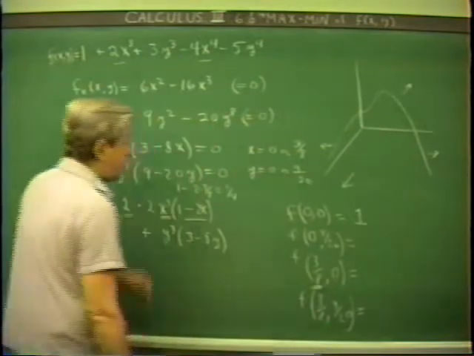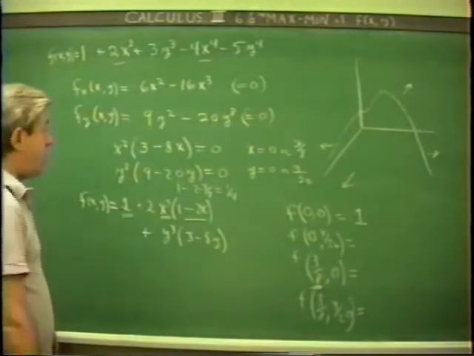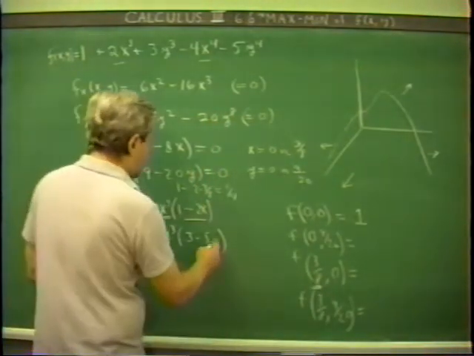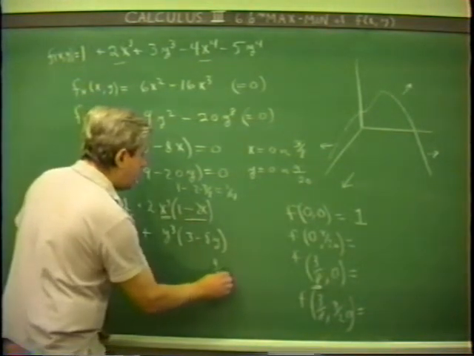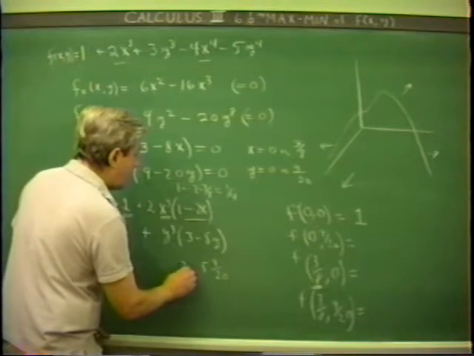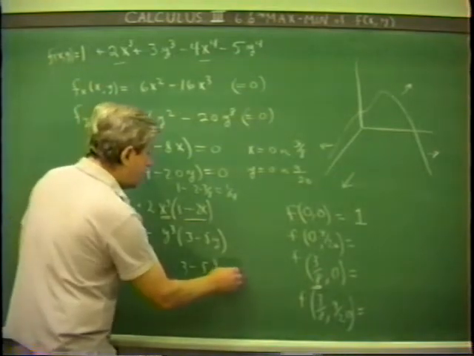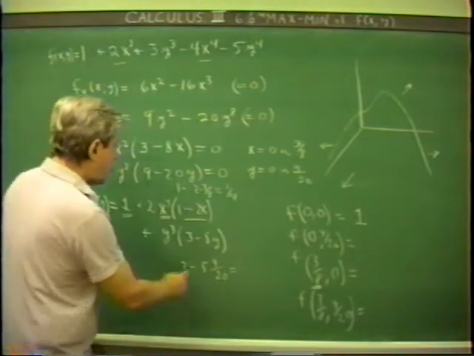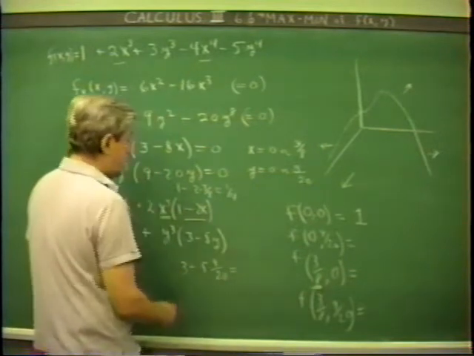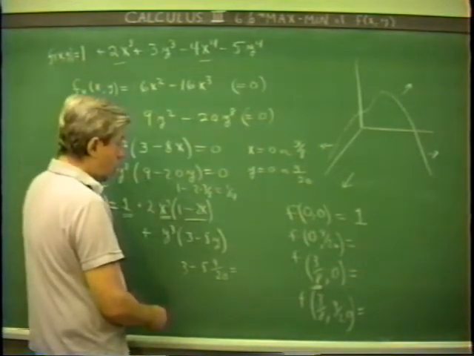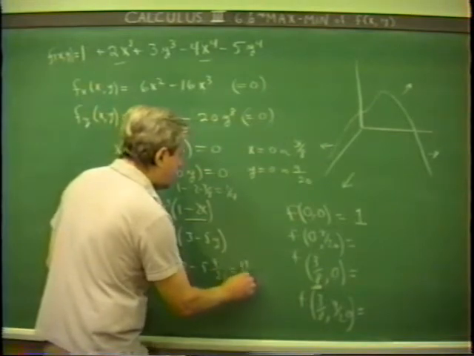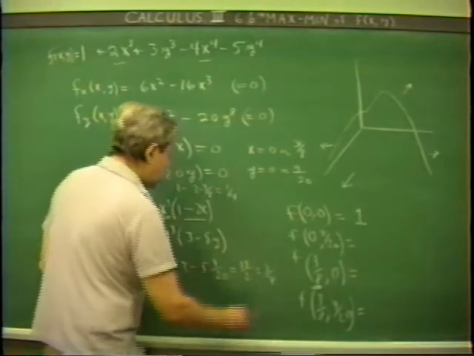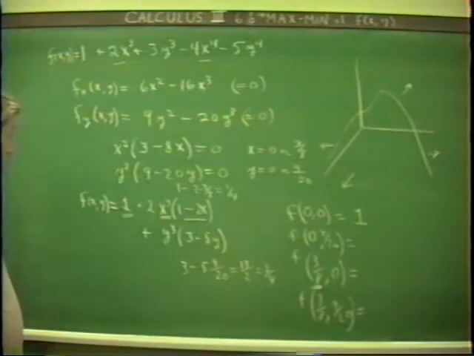And so we're going to get larger values if we move to the point that has 3/8 in the x position. A similar situation holds with 9/20. If I put 9/20 in here, I get 5 times 9/20 subtracted from 3. This is equal to 3 minus 45/20, or 60/20 minus 45/20, or 15/20, or 3/4.